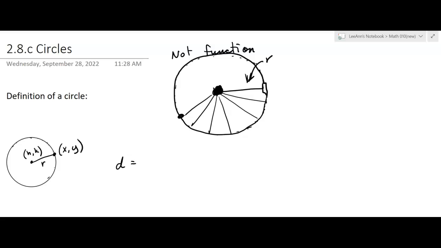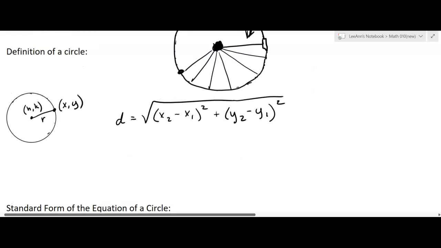So the distance is equal to the square root of x sub 2 minus x sub 1 squared plus y sub 2, oh shoot, that's supposed to be a minus, y sub 1 squared, and that would equal the distance. Okay, we know the distance.